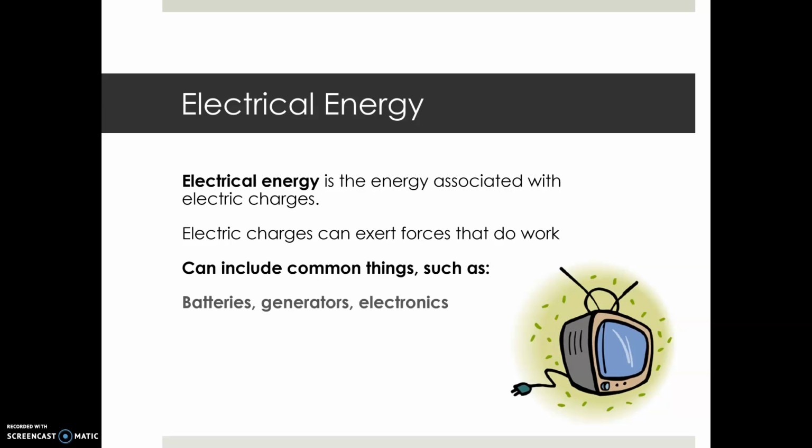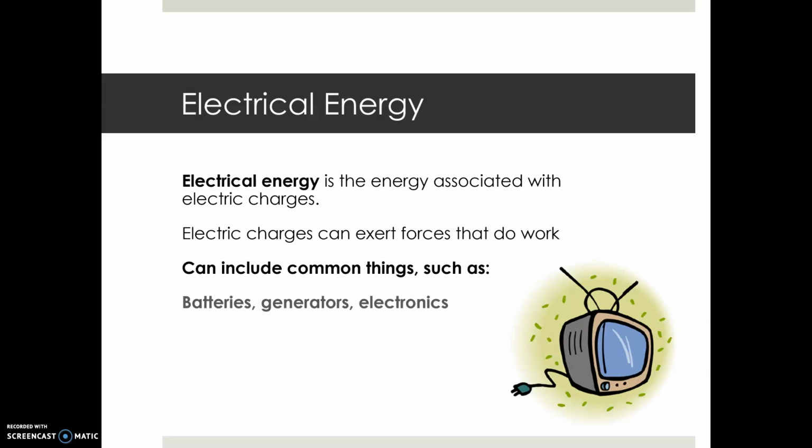Electric charges exert forces that do work. Now remember, back at the beginning of this chapter, we can't have energy if no work is done, and we can't have work without forces. So the forces make those electric charges move, which causes them to do work, which creates electrical energy.